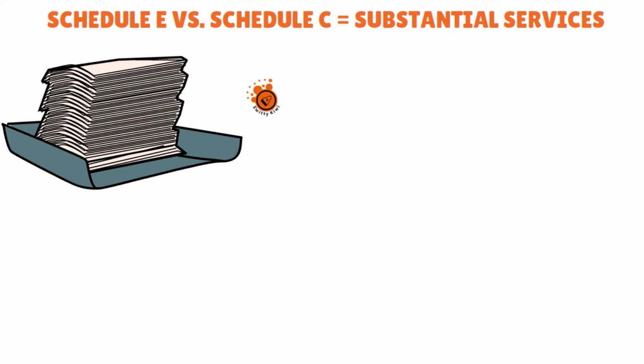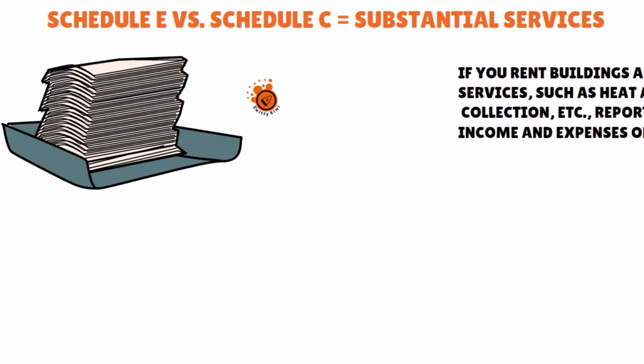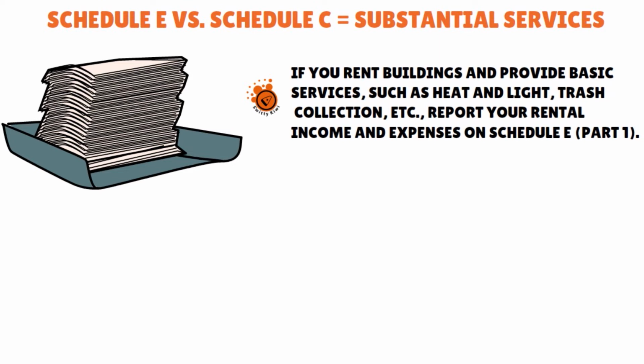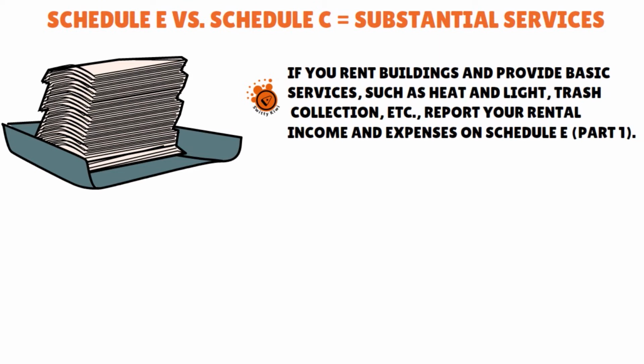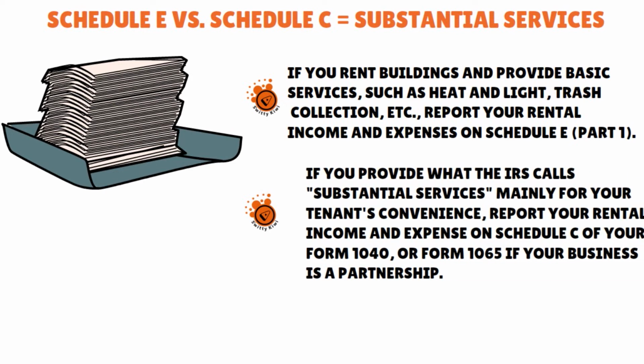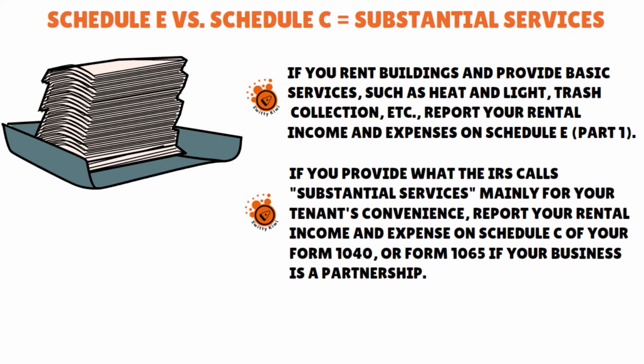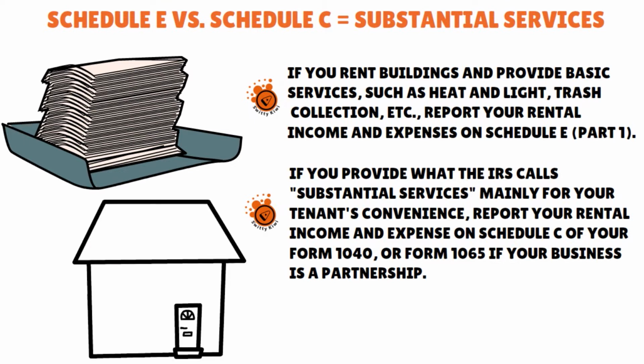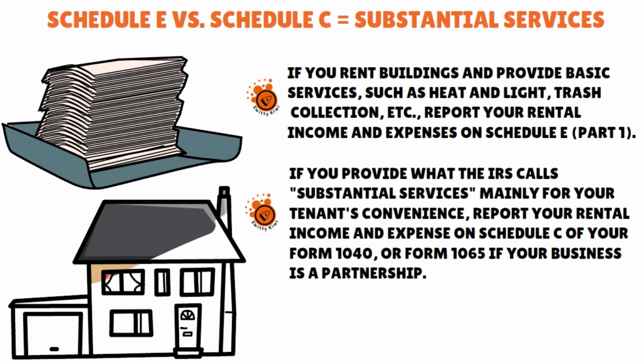If you rent buildings and provide basic services such as heat and light, trash collection, etc., you want to report your rental income and expenses on Schedule E, Part 1. If you provide what the IRS calls substantial services, mainly for your tenants' convenience, you want to report your rental income and expense on Schedule C of your Form 1040 or Form 1065 if your business is a partnership.